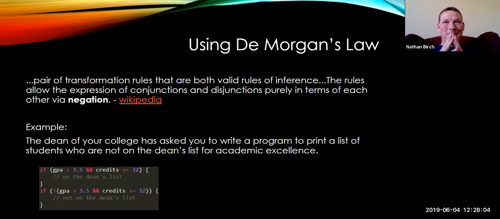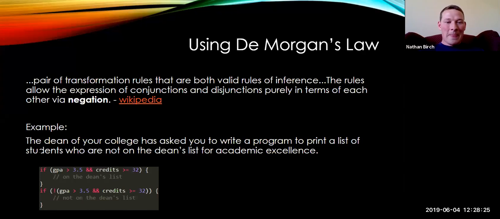I could say if age is greater than 20, or I could say if age is not less than 21. Those would both equate to the exact same thing using the law of negation.